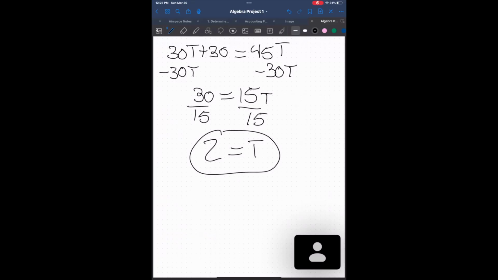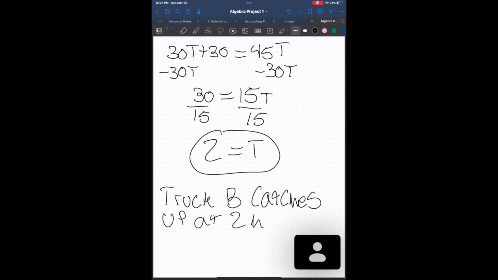Now, all that really means is that truck B, oh shoot, almost. Sorry about that. Truck B catches up at 2 hours.